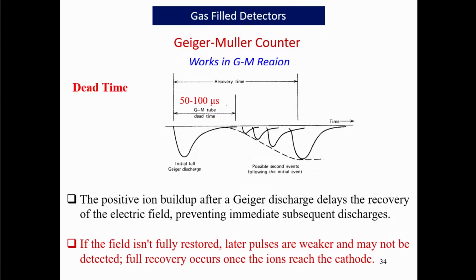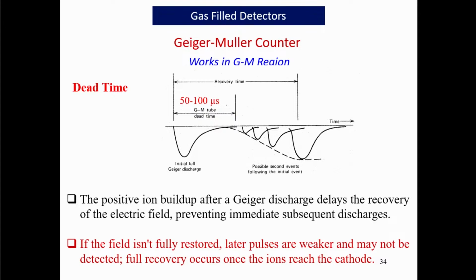Okay. So, you collected all the electrons means your signal is generated. You got the signal, but this is the dead time. The time until which the charge collection is taking place, till then your detector is dead. Your detector is dead means another radiation which falls in the detector in that time will not get detected. So, that is the dead time of the detector.